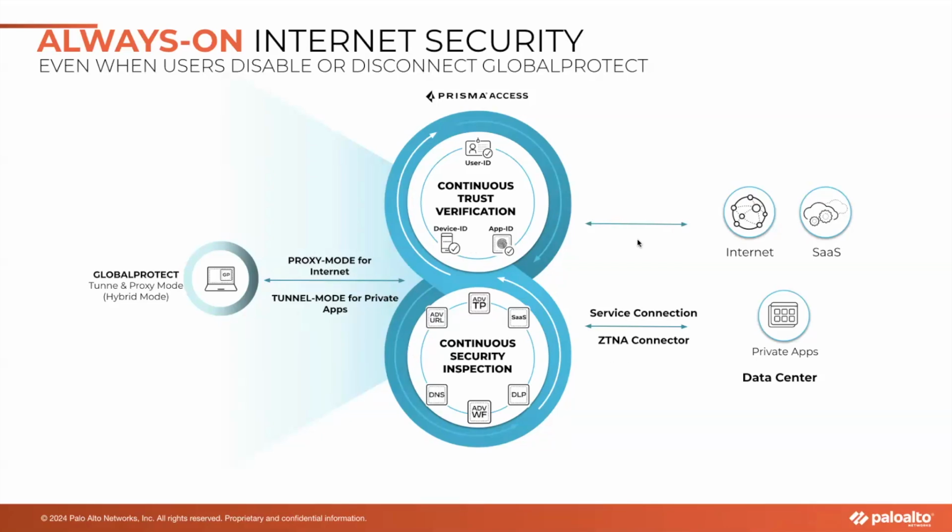Whereas for the internet-based traffic, we have the proxy mode of connectivity, and all traffic towards the internet or the SaaS applications hosted in the internet is inspected by the explicit proxy. So this is the proxy mode for the internet-based traffic and the tunnel mode for the private apps. This is a hybrid mode of deployment with both the proxy mode as well as the tunnel mode.